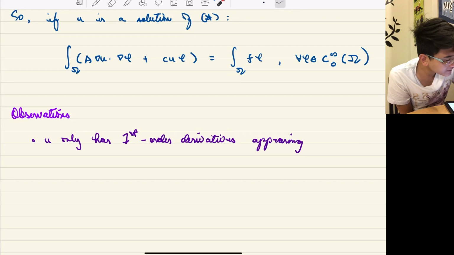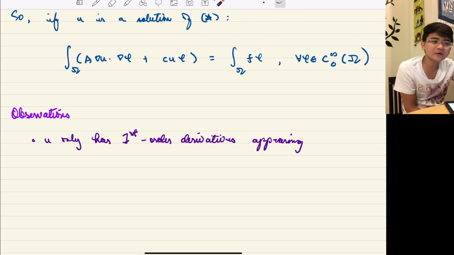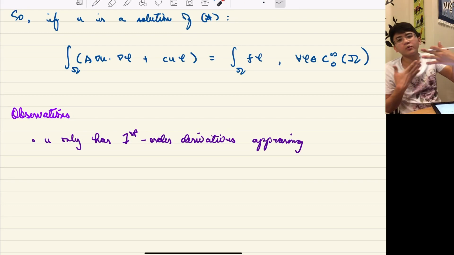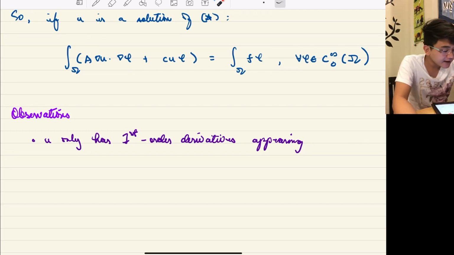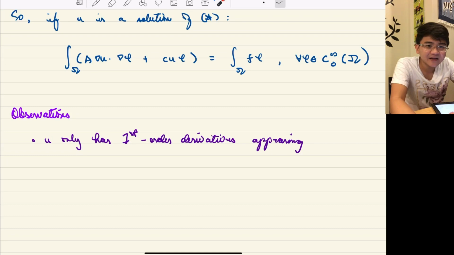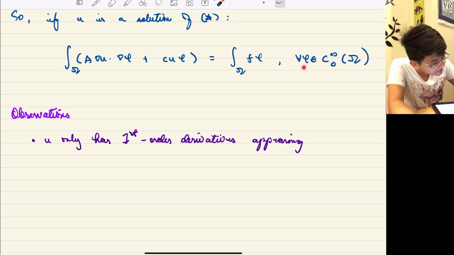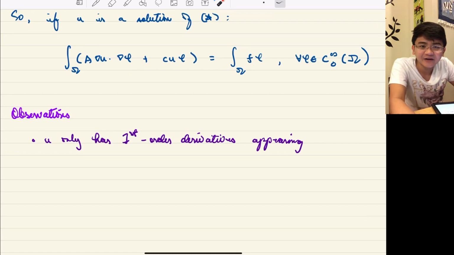Remember, we're trying to figure out what other equation u solves, provided that it solves the original equation. And here we have a kind of weird equation, because we're saying that this is true for every phi, and this phi is what we call a test function.